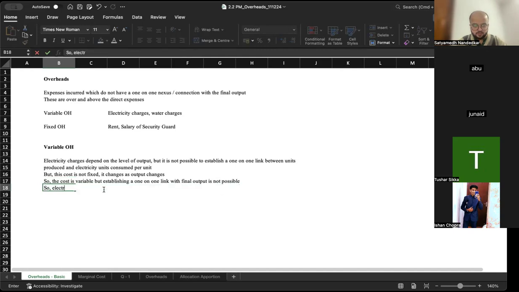So electricity is a variable overhead. Okay, electricity is a variable overhead.